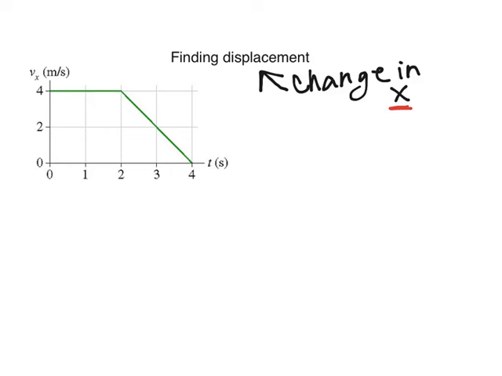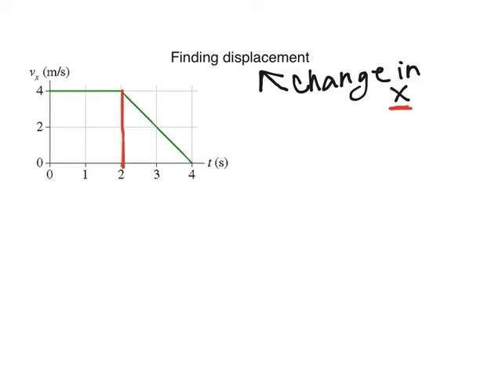So if we're going 4 meters per second and we spent 2 seconds going 4 meters per second, how far have you gone? In 1 second we go 4 meters, in 2 seconds we go 4 meters more. Hopefully you can do the math, and it's going to be 8.